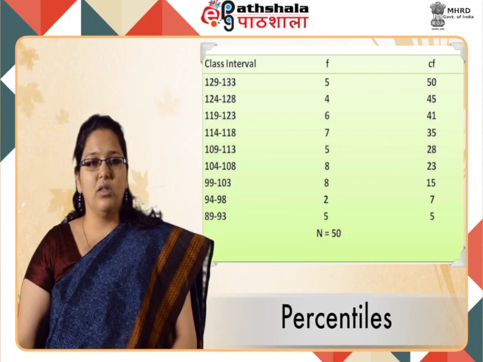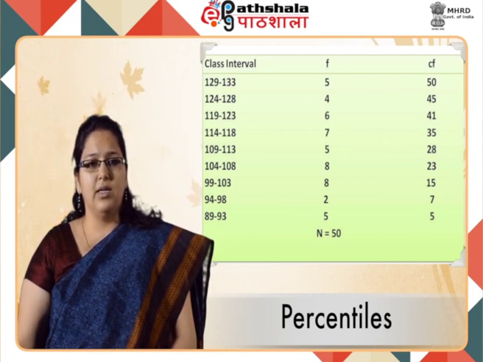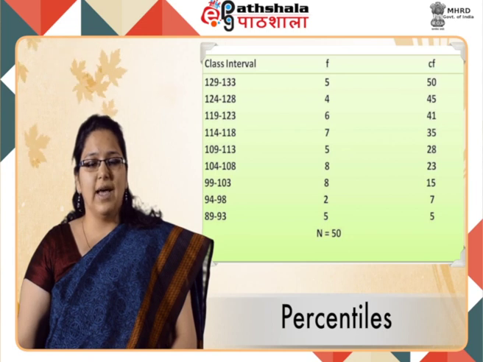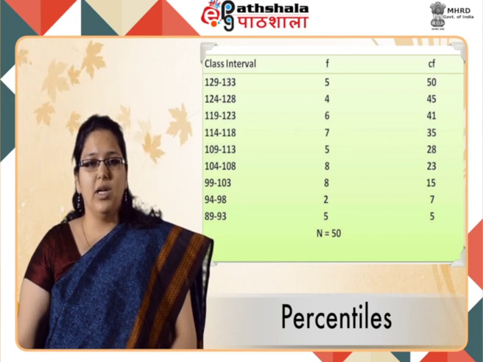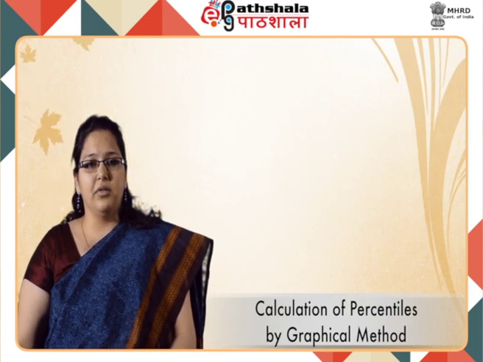Substituting the values in the formula, P is equal to L plus P into n by 100 minus Cf the whole divided by F into I, we get the value of P60 as 114.929.